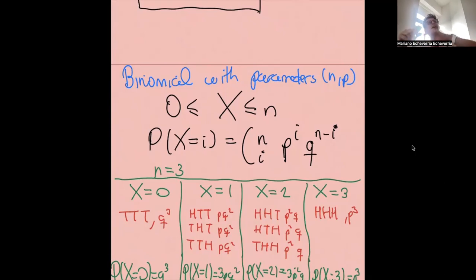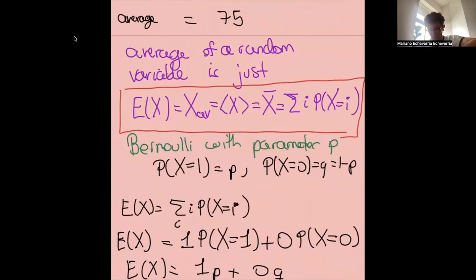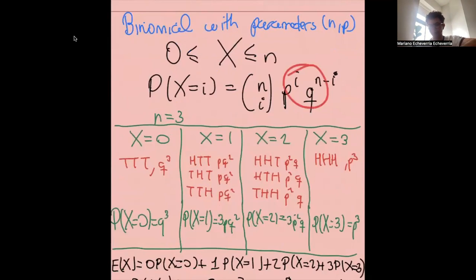Anything that has two possible outcomes, but now you're repeating them over and over, enters into the binomial random variable, as long as these experiments are independent of one another. That's kind of important. Otherwise, with the probabilities that we computed last time, you wouldn't be able to just multiply the probabilities of the different outcomes.